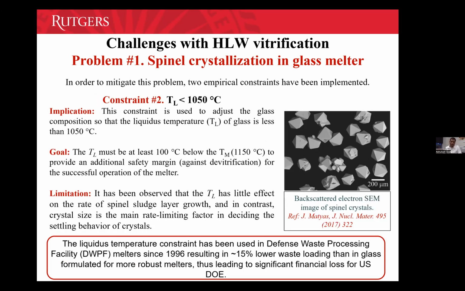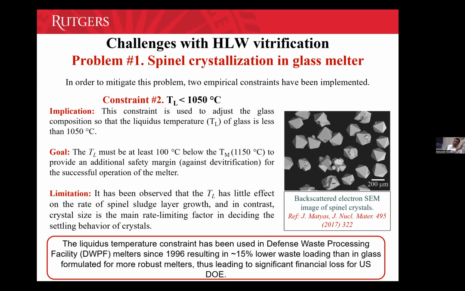Another constraint they put in there was that the liquidus temperature of the melt composition has to be less than 1050 degrees C. Now, this constraint has no impact on any processing or anything. It was just a safety margin they wanted to keep, which has been proven to not have led to anything fruitful.